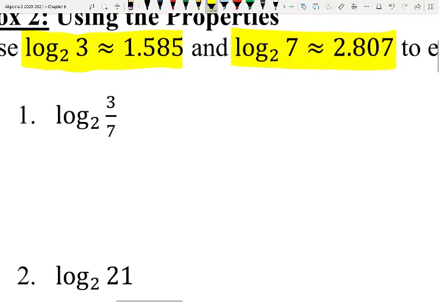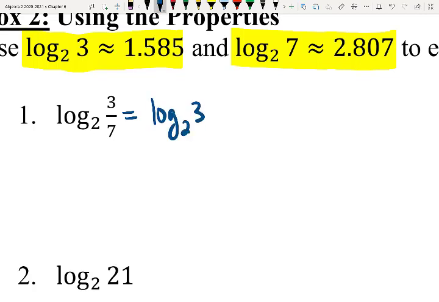So for number 1, we have log base 2 of 3 divided by 7. So we have a fraction going on there. If we look back at the quotient rule in box 1, that tells us that I can rewrite this as log base 2 of 3 minus log base 2 of 7. That's just my quotient rule. Once I've done that, this would be an expansion.